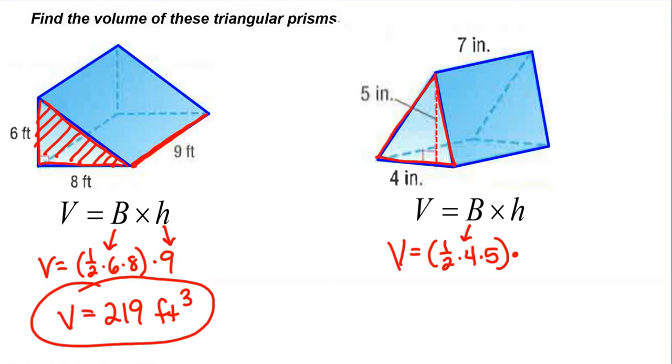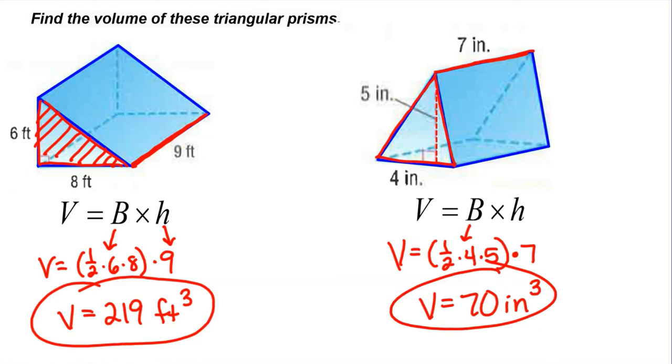So again, I'm imagining setting this prism up on its triangle base. It would be 7 inches tall if I did that. So that's the height of the prism. Now I just have to do the computation. 1/2 times 4 times 5 times 7 is 70 inches cubed, or 70 cubic inches. And that is the volume of our triangular prism.